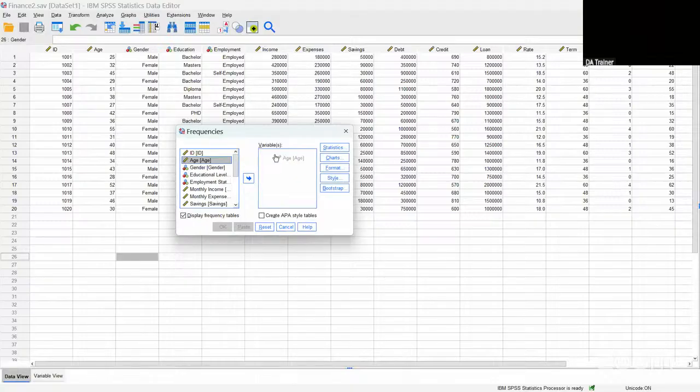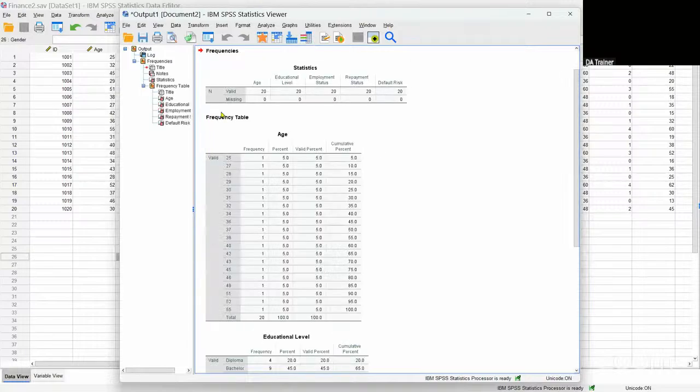Just pick and drop. Either you drag and drop, or you select and click into the variable box there. Let's pick gender. Let's pick education. Let's pick employment. All right. Let's pick repayment status. All right. Let's look at default rates involved. And then at this point, let us just click OK.